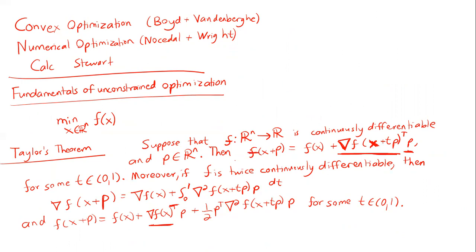I'm going to have to be able to look and say, okay, what is the gradient? What does it mean to evaluate it at a point, which here would be the point x plus tp? How is evaluating gradients at points distinct from directional derivatives? How is it related? And things like that.